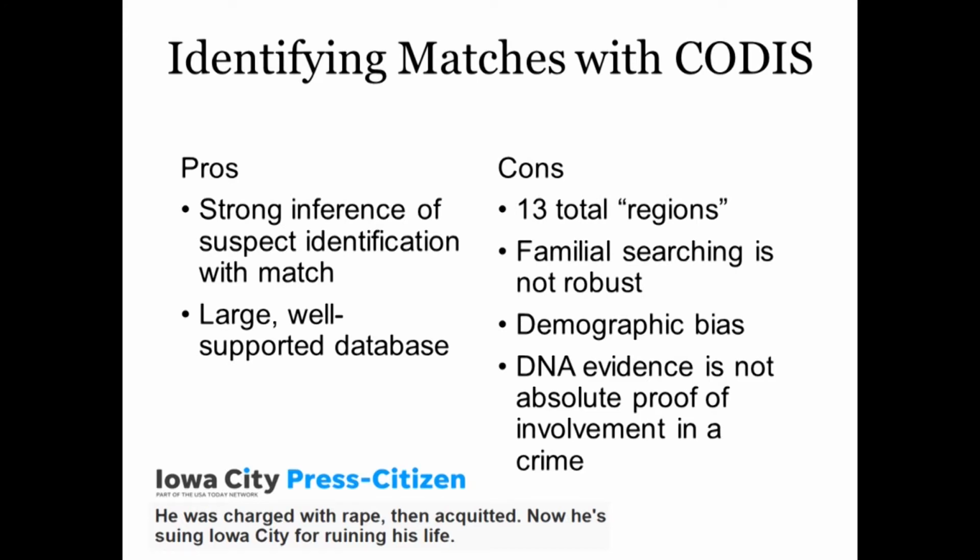However, the suspect turned over phone records and witness testimony confirming that he was out of the city during this incident. Despite those pieces of data, the investigators pushed forward in implicating him in this crime. What later became apparent is there was an alternative explanation for the transfer of that single sperm cell to the victim. So he was cleared of this, and now he's suing Iowa City. This is just a cautionary tale for DNA evidence of any kind and not being absolute in the implication of people in committing crimes.